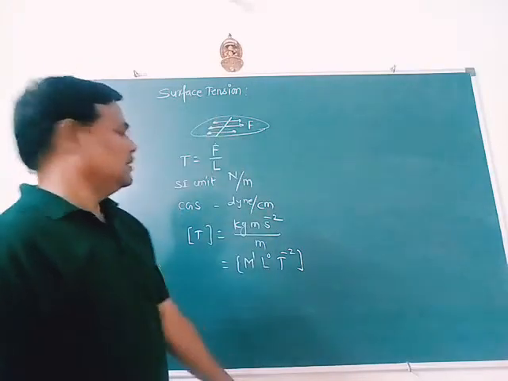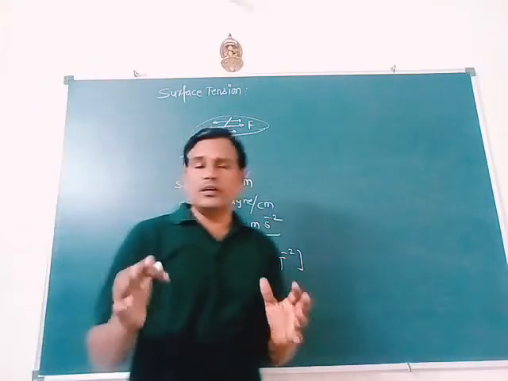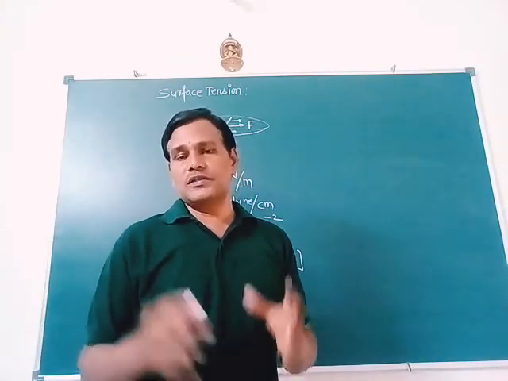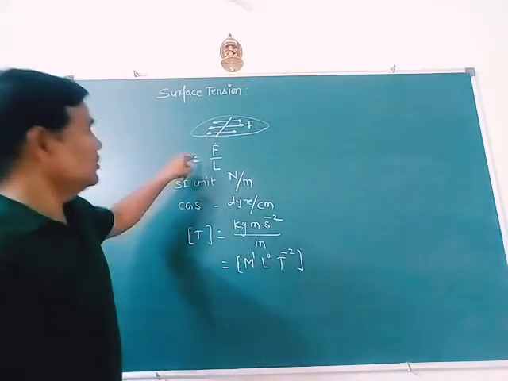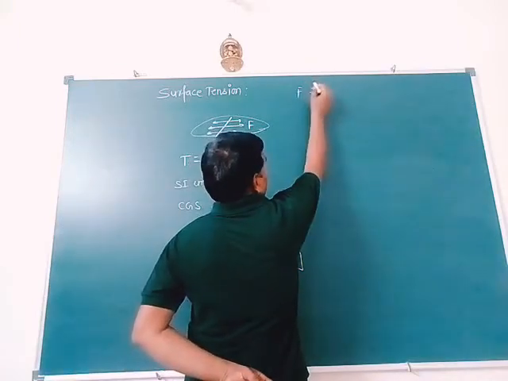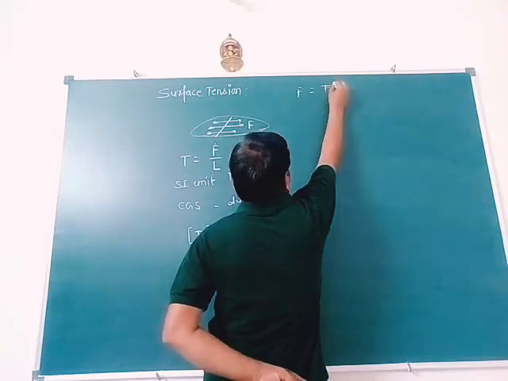Now there are a number of numerical questions asked on the basis of this formula. From this relation we can write capital F is equal to capital T into capital L.